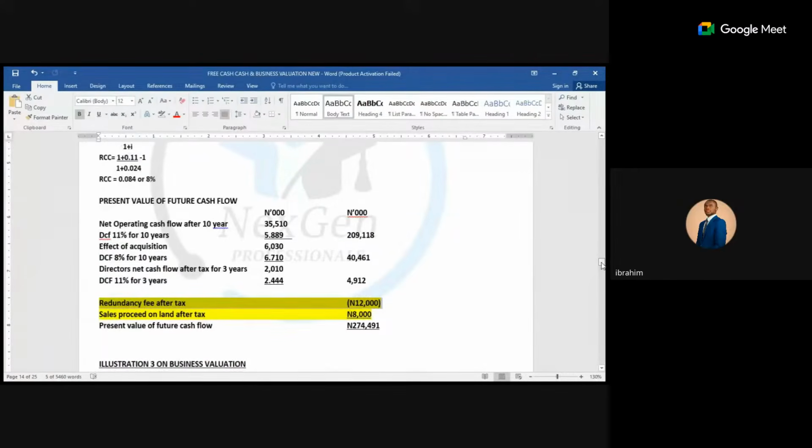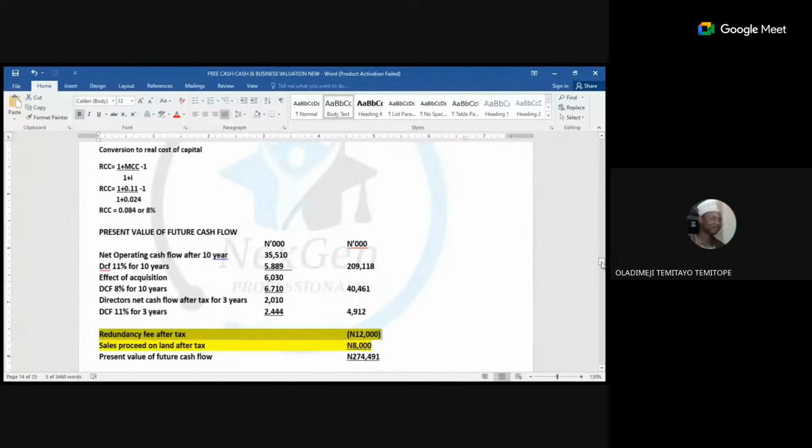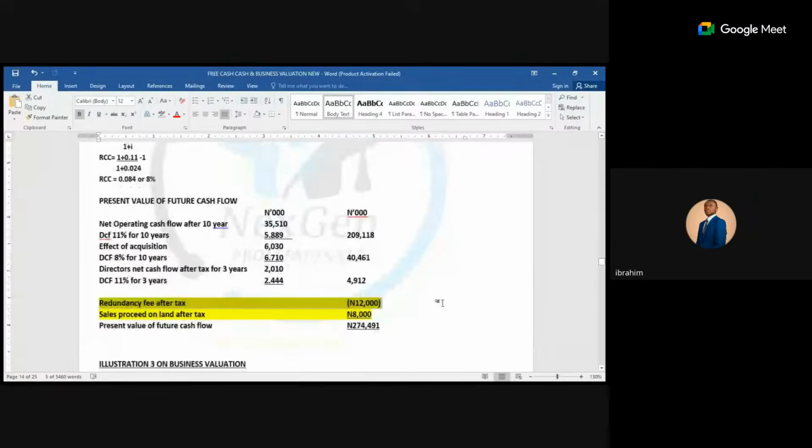Mr. Timitope. The calculation is wrong because I added the 12 million, the 12,000. Okay. Now what do we have? The negative part is just this redundancy fee that they pay us. What do we have?